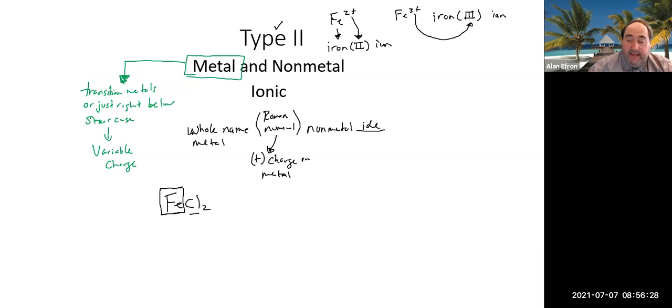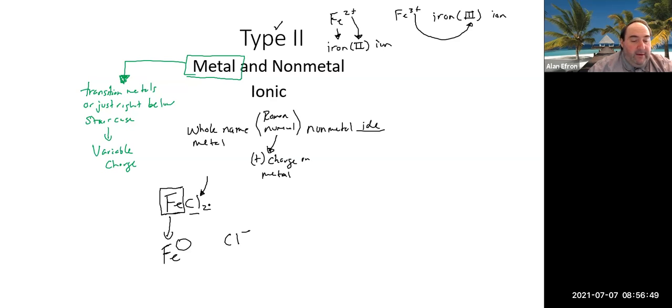And what I mean by that is at this point, you may look at it and go, all right, I know it has a variable charge. What is that charge? So then you would look at your nonmetal part, and we know that Cl is group 7, which means it has a -1 charge for our anion.